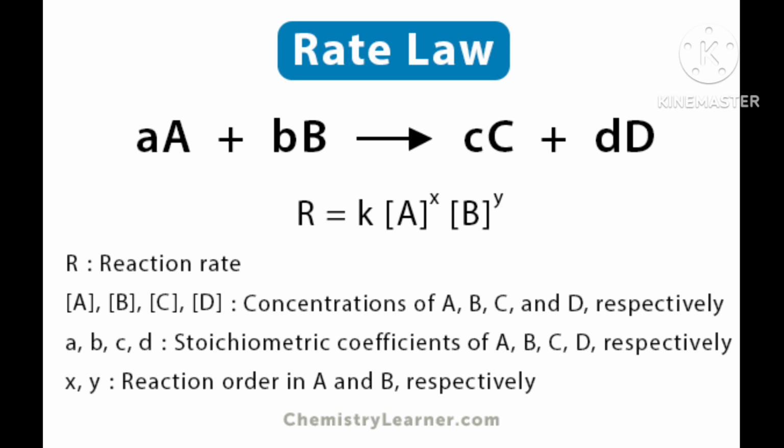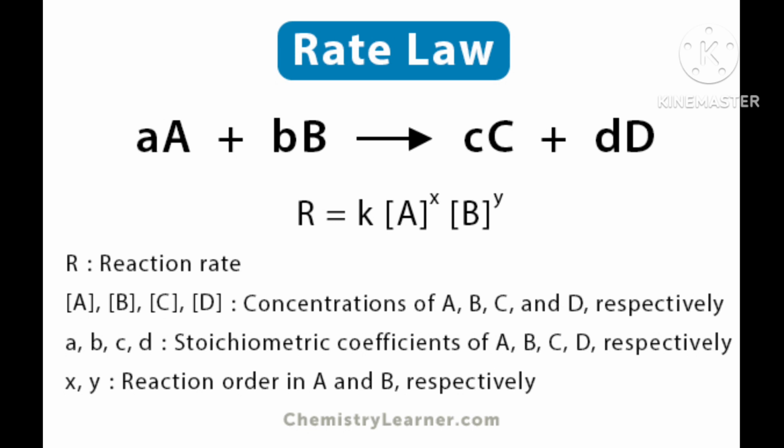R here means reactant concentration, and the reactant concentrations decrease, so the minus sign. Dividing by dt means change in concentration per unit time.